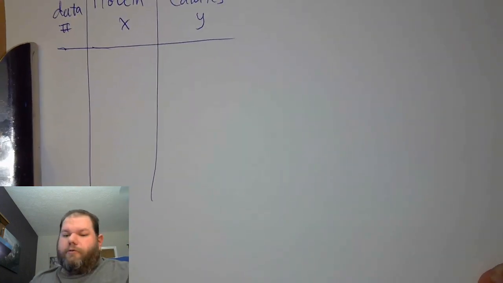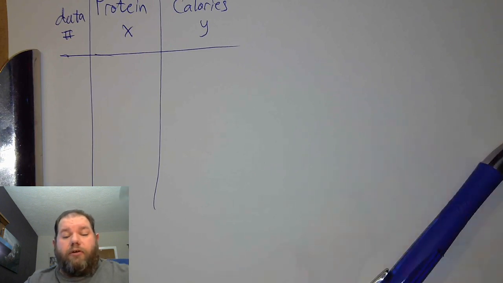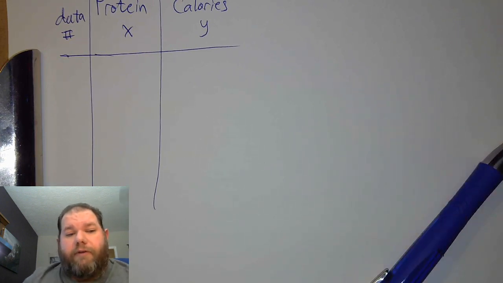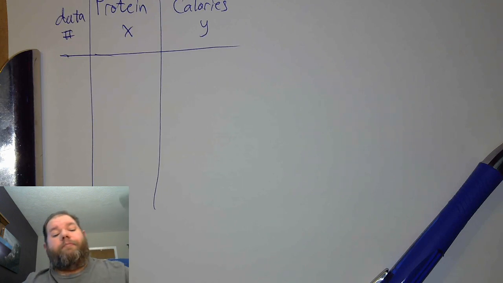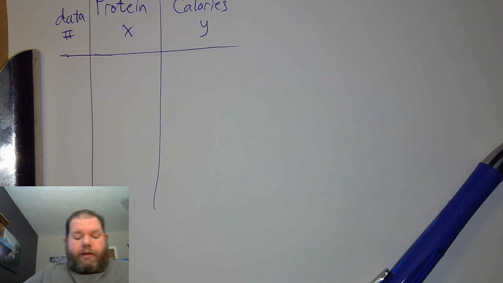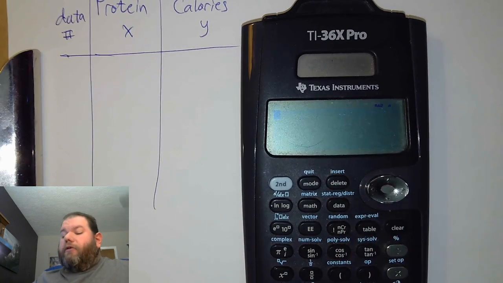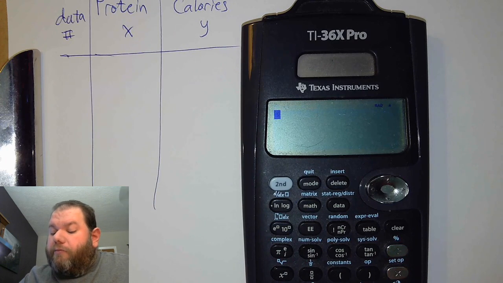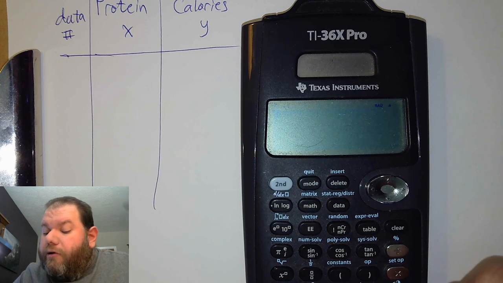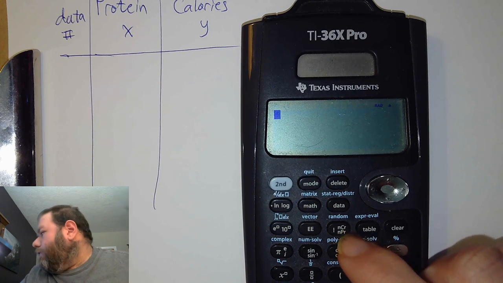The other thing I'm going to do is we're not going to use all 50 values because we don't have enough time to do all that. But we can pick out 6 values, for instance, and it'll be relatively simple. I'm going to pick 6 numbers at random from the list of 50. So we're going to use our random button, which on this calculator is right above here.